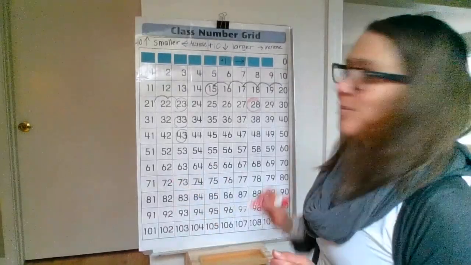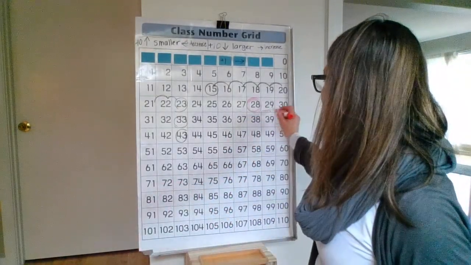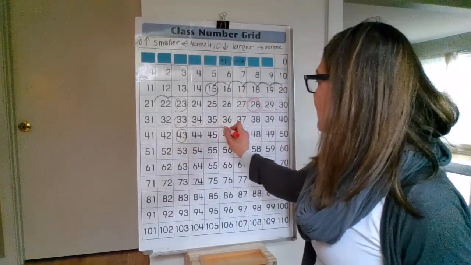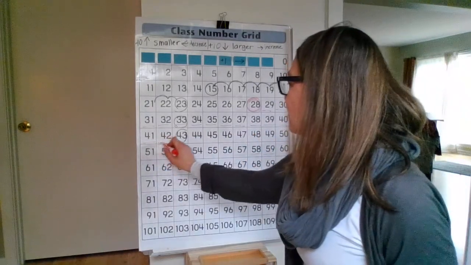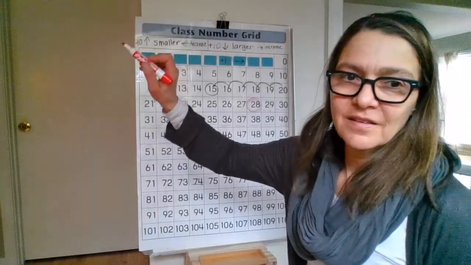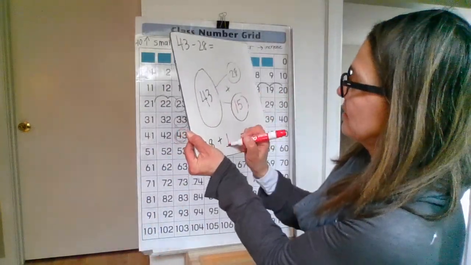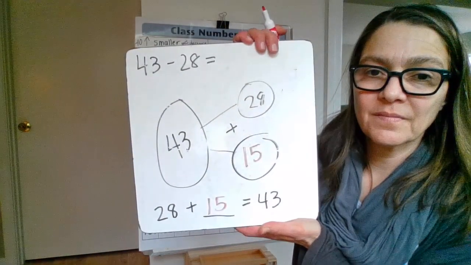We're going to count up, and when we get to 43, we're going to stop. 1, 2, 3, 4, 5, 6, 7, 8, 9, 10, 11, 12, 13, 14, 15. So my answer is 15. Okay, so you can use addition to subtract with the number grid.